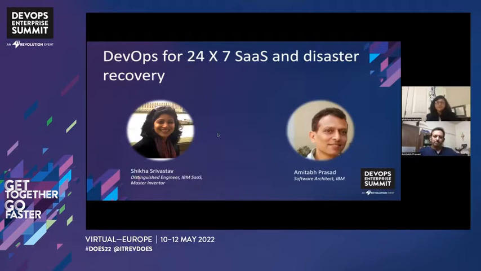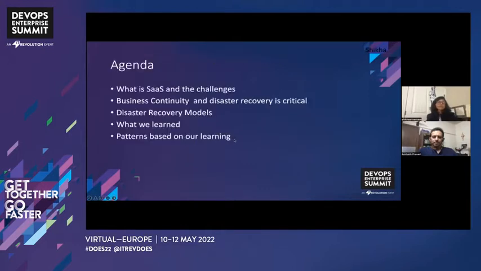And the topic we chose today is in context to SaaS. As you can tell, we both are working on getting SaaS running on multiple clouds. And the agenda that we thought of is to start with SaaS. What are the challenges with getting SaaS up and running? And in that challenge, one of them is business continuity and how critical is disaster recovery.